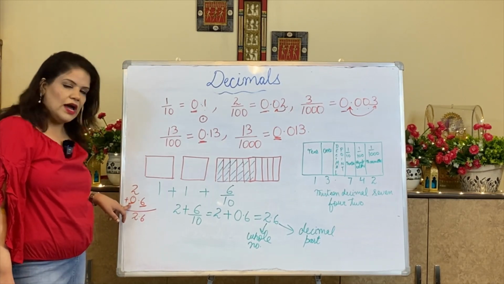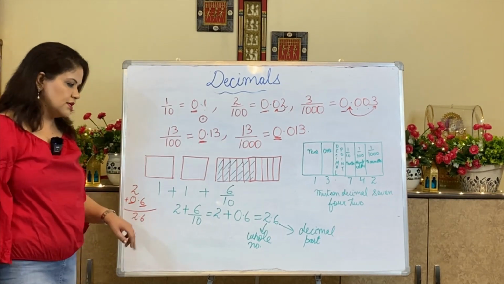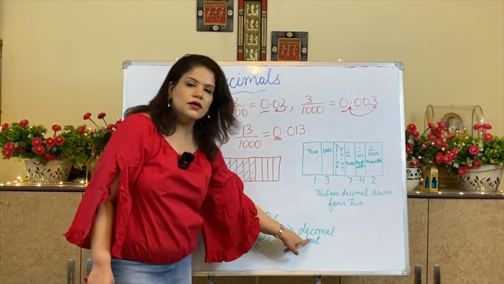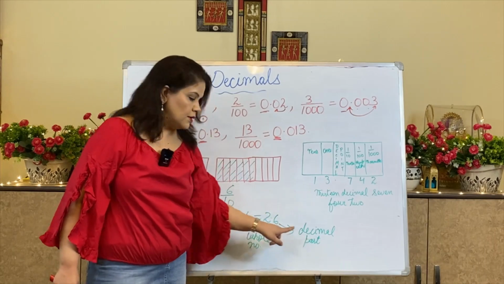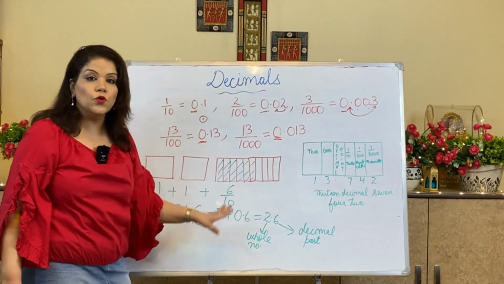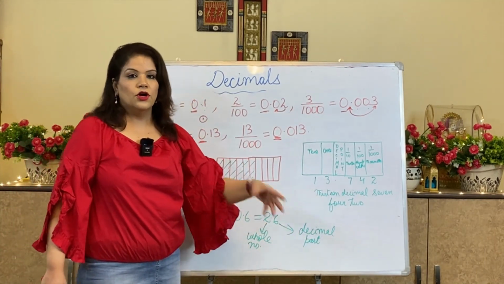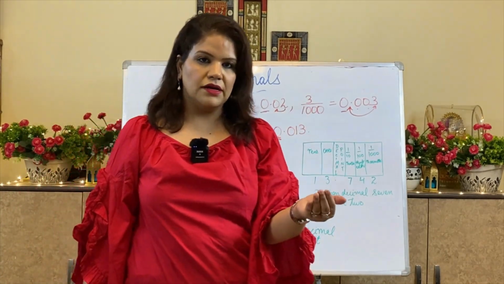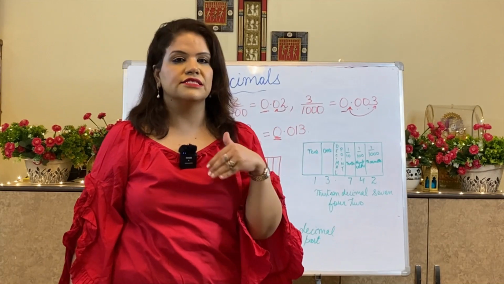So when you add, this will become 2.6. So 2 is a whole number and 0.6 is a decimal number. So how will I read it? 2.6. 2 is the whole part, and whatever part is after the decimal, that we take as the decimal part.